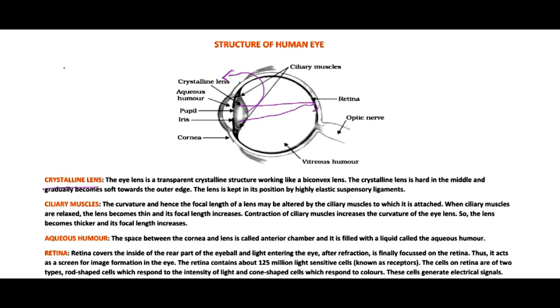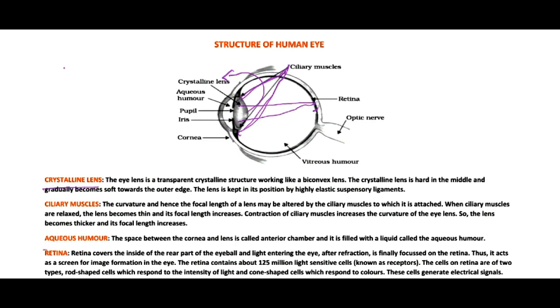And this lens is kept in position by these ciliary muscles. These ciliary muscles are responsible for changing the convexity of this lens. So it means they are responsible for the change in focal length of the lens.